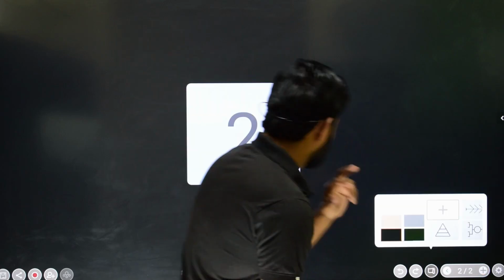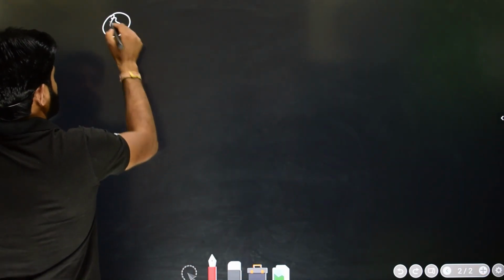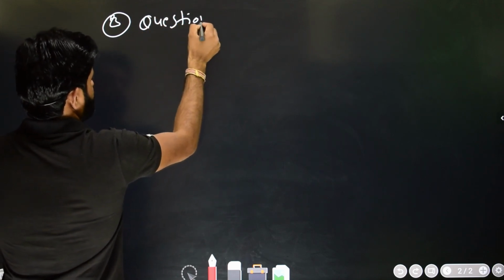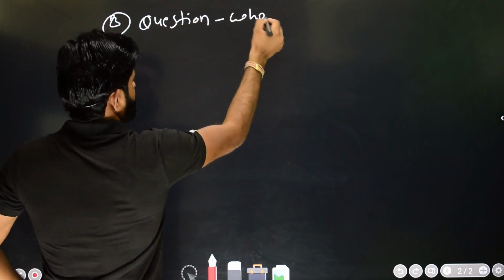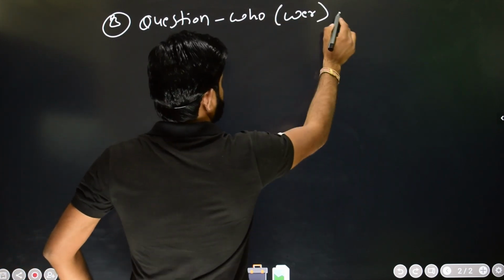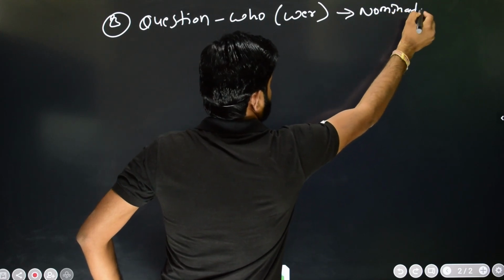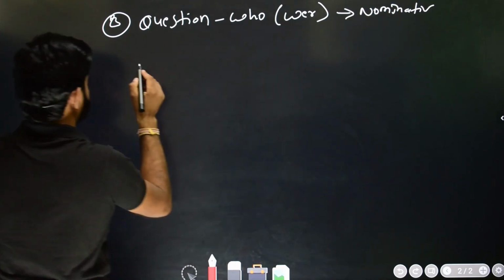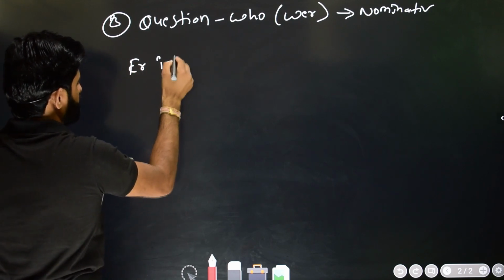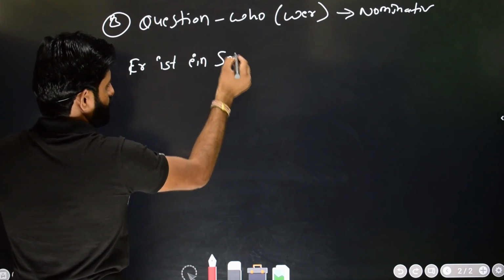Let's cover the third one, that is if we have a question with who, in German we will say wer, then the sentence will be nominative. Example: Er ist ein Spieler.